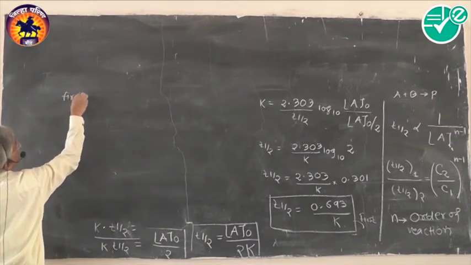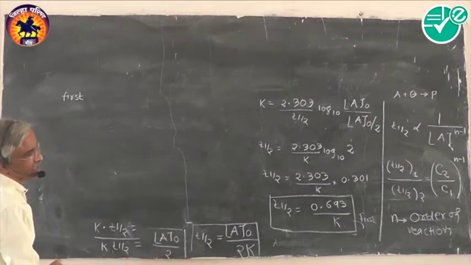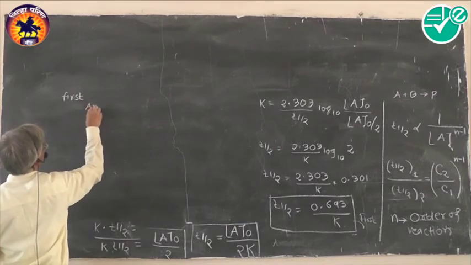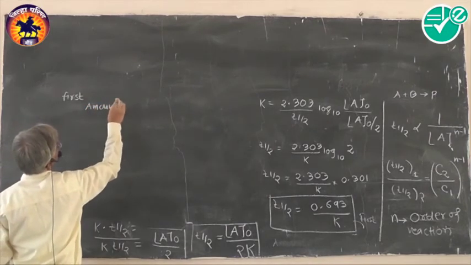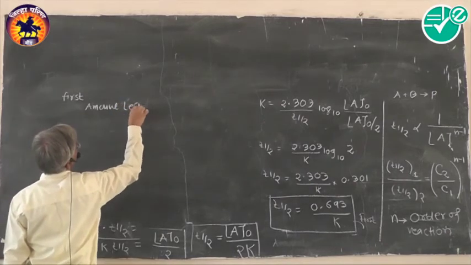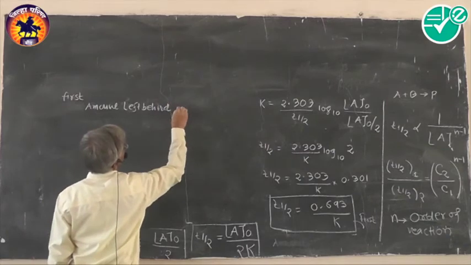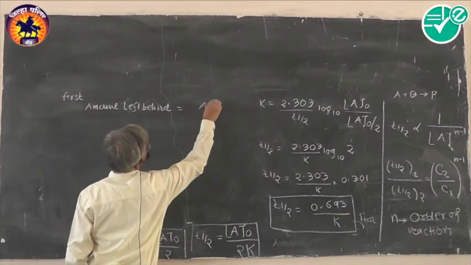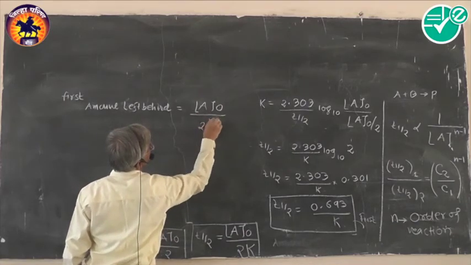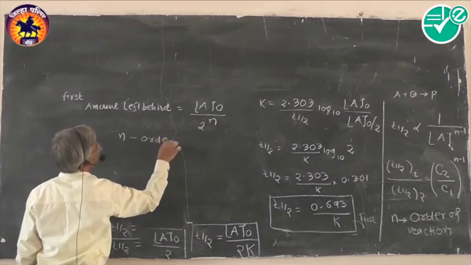there is one more equation, particularly for solving the numericals very easily: the amount of substance left behind is always equal to concentration A0 upon 2 raised to n, where n is the order of the reaction here.